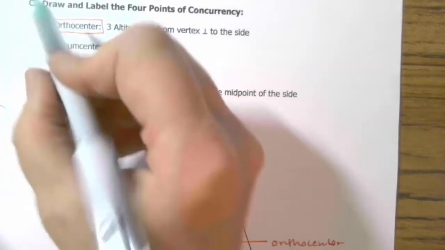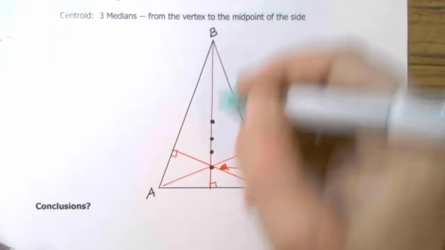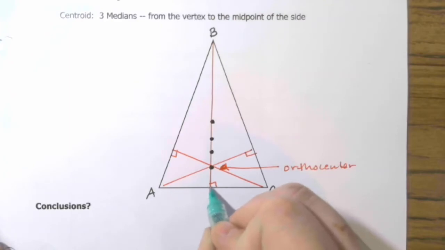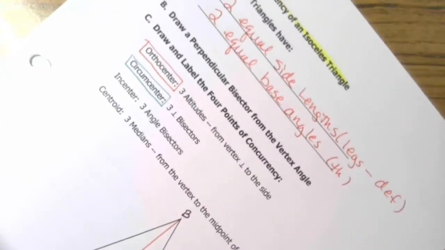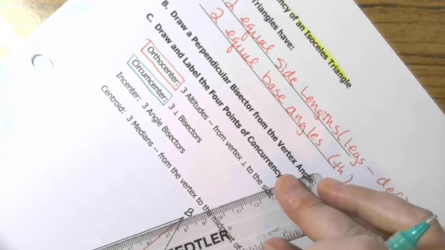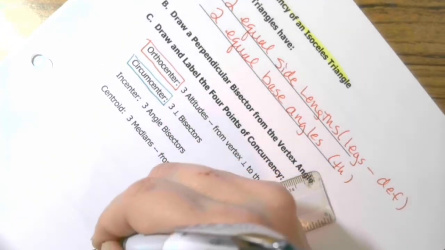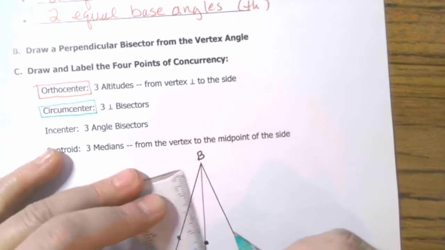Okay, now we're going to do the circumcenter, which is the three perpendicular bisectors. Well, if you take from the top angle down, what you'll measure is that this actually is the midpoint. So this length and that length are the same. To get the perpendicular bisector, you have to find the midpoint of AB. So we're not going to construct this. It's 8 centimeters, so halfway would be 4. So you can mark 4 there. And since this is isosceles, it should be 4 centimeters here as well. So that's the midpoint.